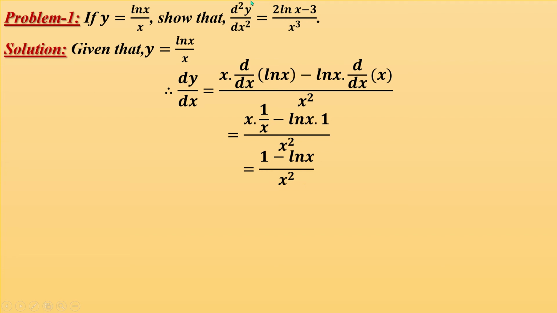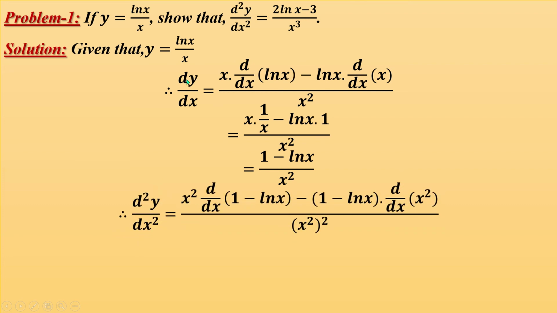But we have to find the second order derivative. That means we have to differentiate this again with respect to x, and we can write the second order derivative as equal to, here also of the form u divided by v, that means u is equal to 1 minus ln x and v means x square.